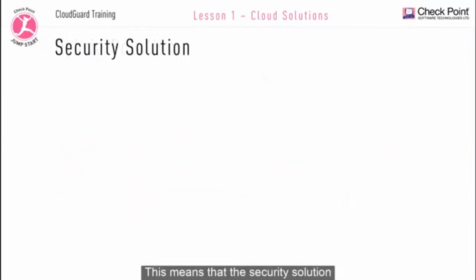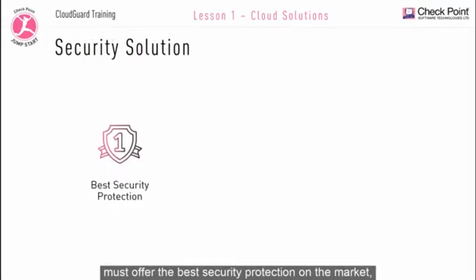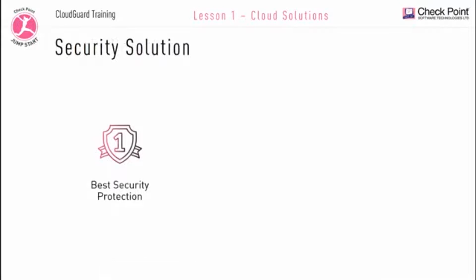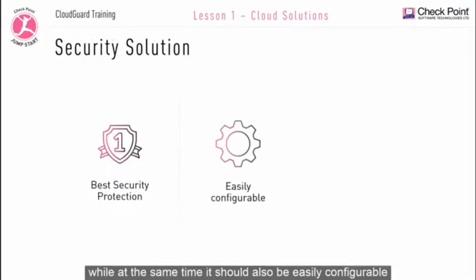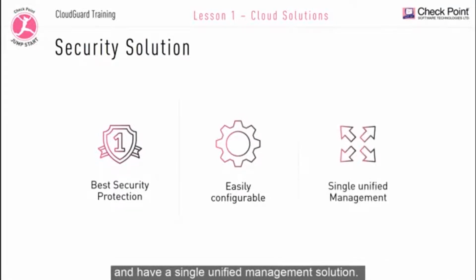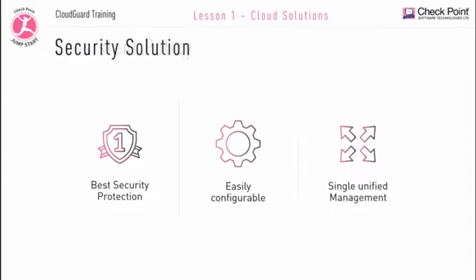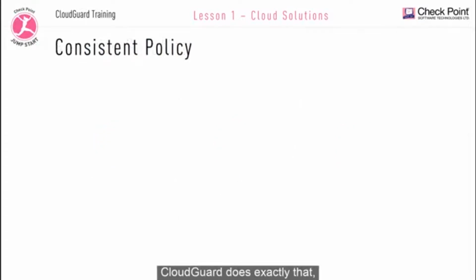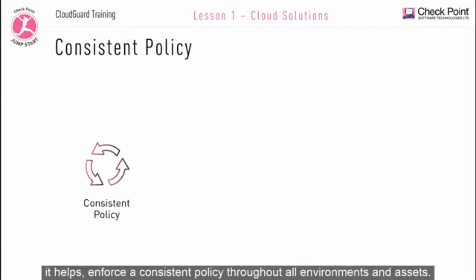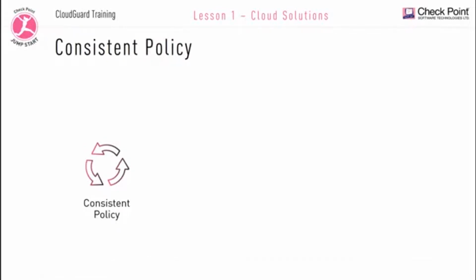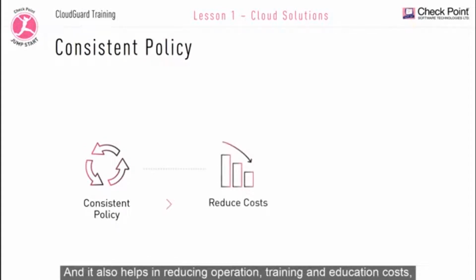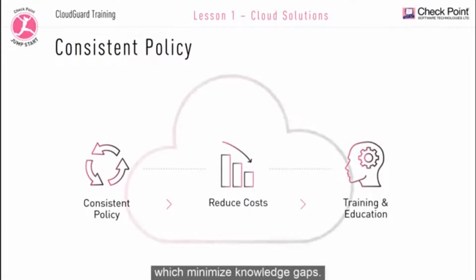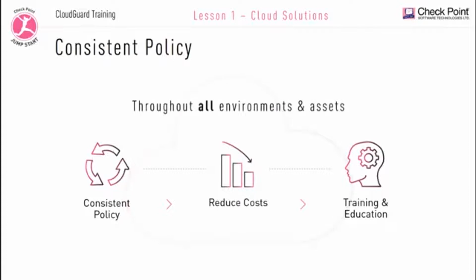That means that the security solution must offer the best security protection on the market, while at the same time, it should also be easily configurable and have a single unified management solution. CloudGuard does exactly that. It helps enforce a consistent policy throughout all environments and all assets. And it also helps in reducing operation, training, and education costs, which minimize knowledge gaps.